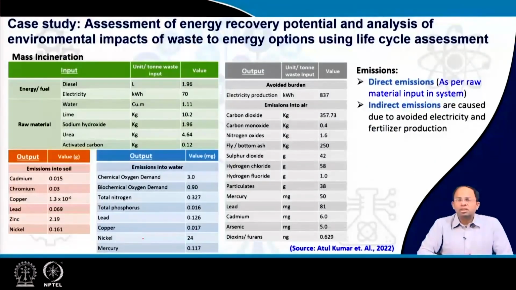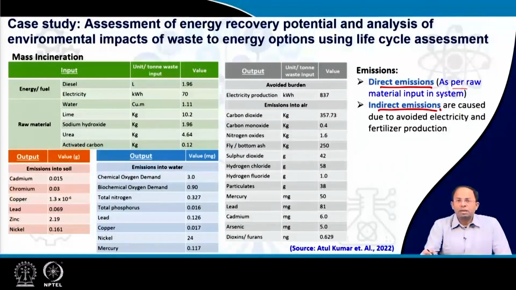The next step in the process is to determine inputs and outputs of each process. So over here the processes are mass incineration, composting, anaerobic decomposition, and so on. These are individual processes. Inputs and outputs are considered from these processes, and both direct emissions as well as indirect emissions are considered. Direct emissions are based on the raw materials which are inputted into the system; there would be some emissions coming out.